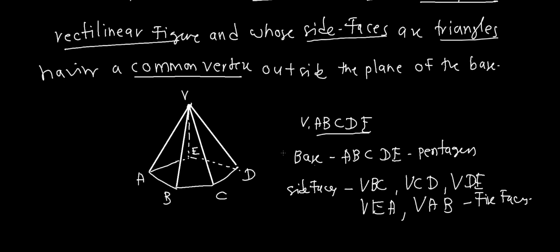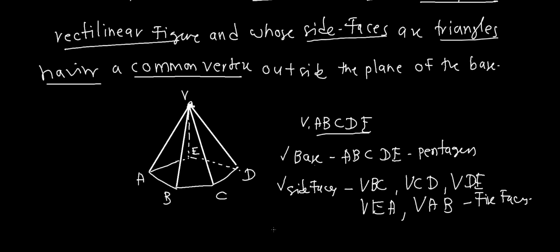So we verify the base as a rectilinear figure, side faces as triangles, and having a common vertex outside of the plane of the base. So this is the plane of the base, and all faces have a common vertex, that is, we have given the name here V. Outside the plane means not here; the vertex V lies above.